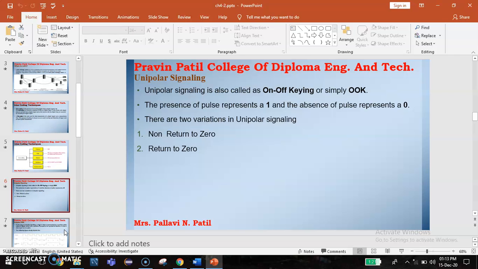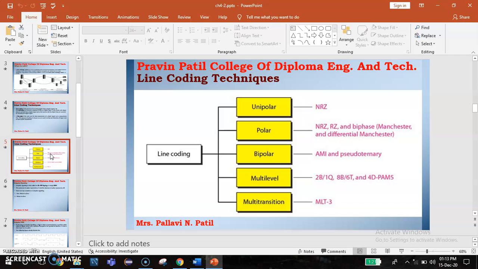Basically, the line coding technique is the process of converting binary data, that is a sequence of bits, to a suitable format for transmission through the channel with minimum probability of error. Basically, there are three types: unipolar, polar, bipolar, and multi-level and multi-transition.